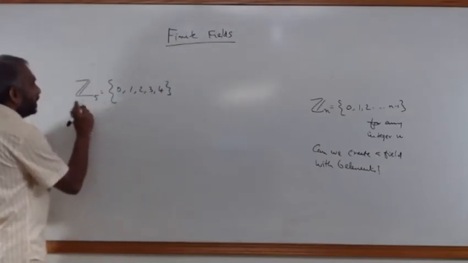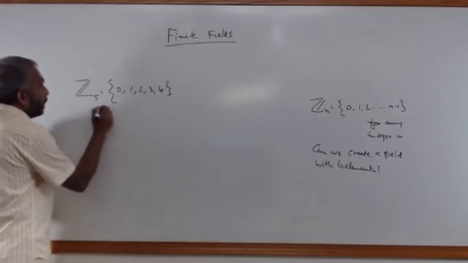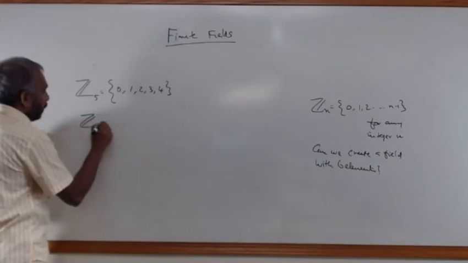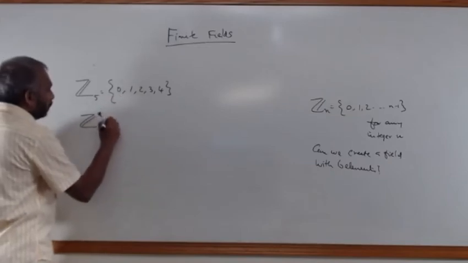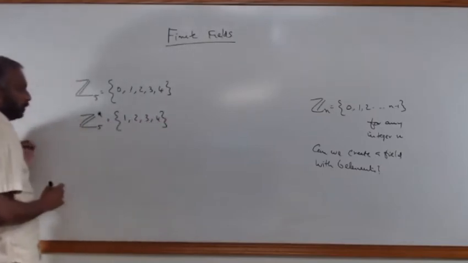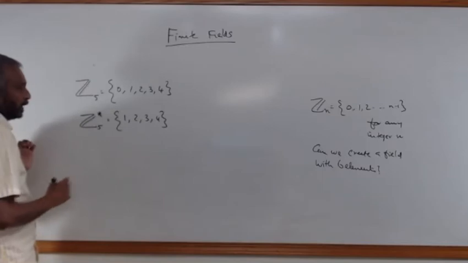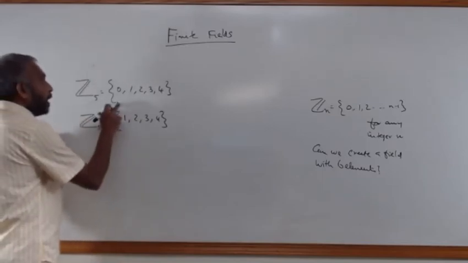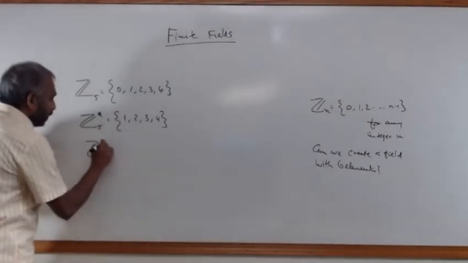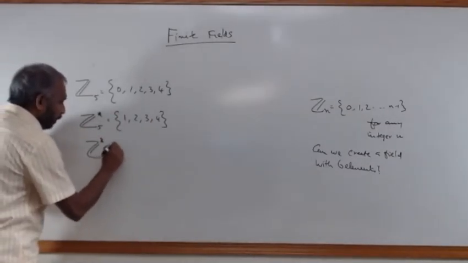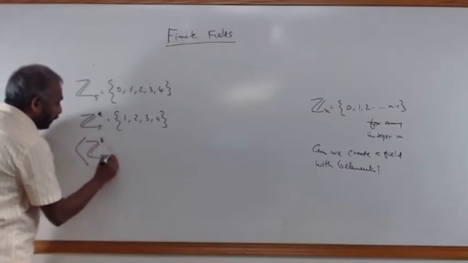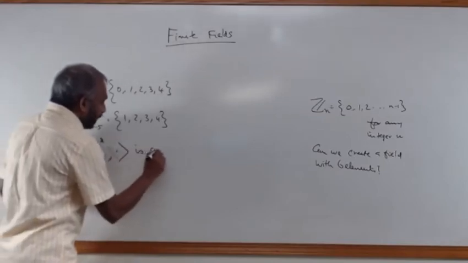Now you take the elements from Z5, not including 0: 1, 2, 3, 4. You already have multiplication defined here. So Z5 star with multiplication is an abelian group.